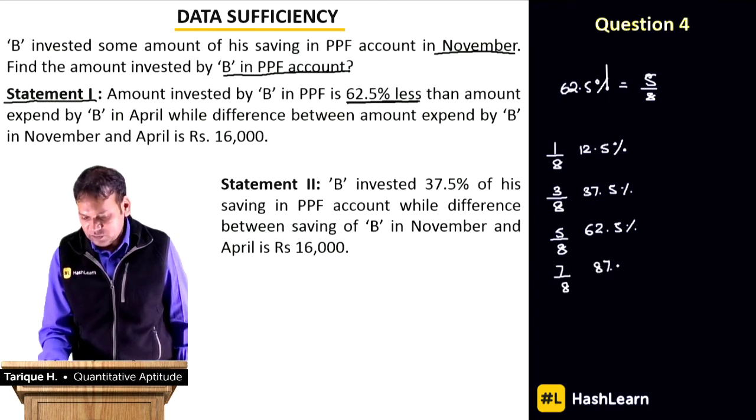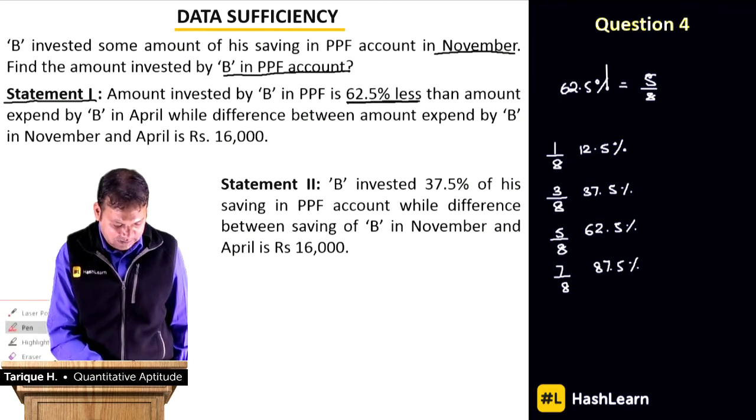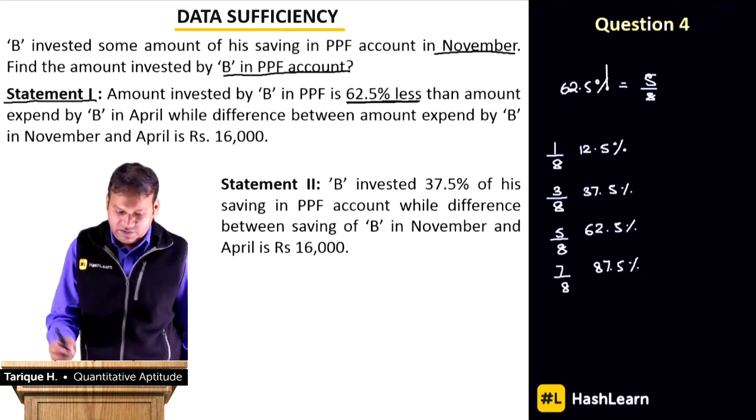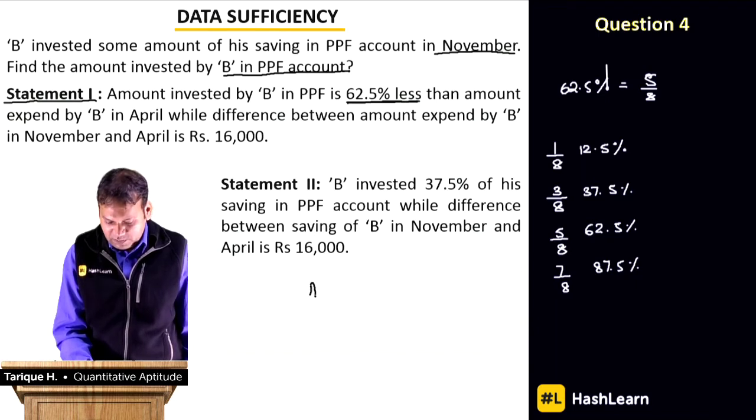So we should know these values, and if you know them, then it's easy for us to calculate and tell the answer. So let's work out the first part of the question here. The amount invested by B in PPF is 62.5% less than the amount spent by B in April. So let's say amount spent in April be equal to x.